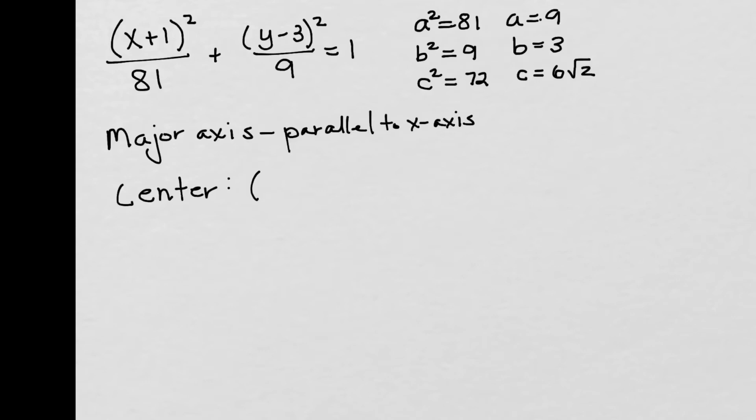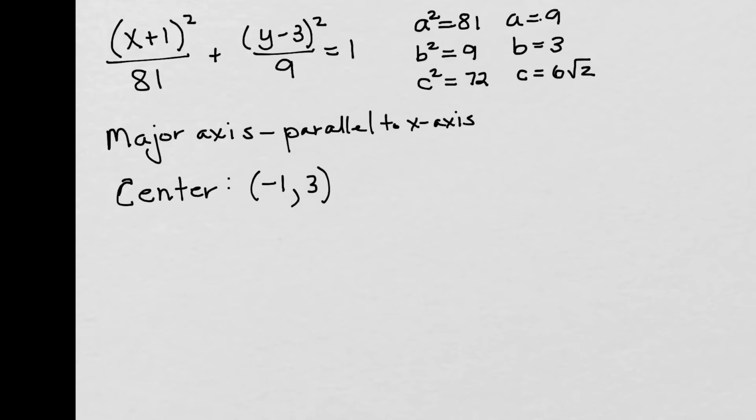So our center for this ellipse is -1 comma 3, and I got that from h is the opposite of this number, so it's x minus h format, so a +1 is going to give you an h value of -1, and then we have -3 here, so the k value is +3.